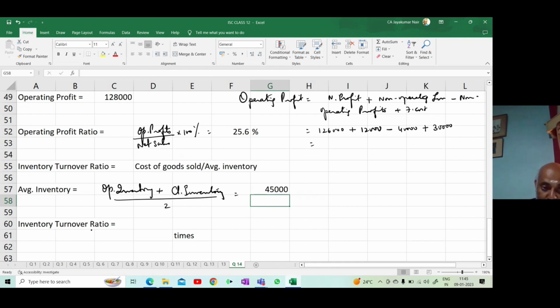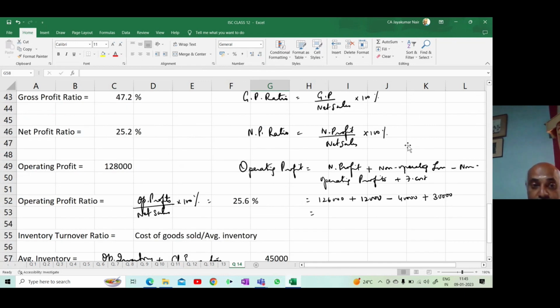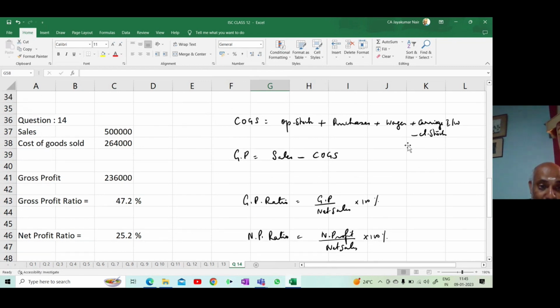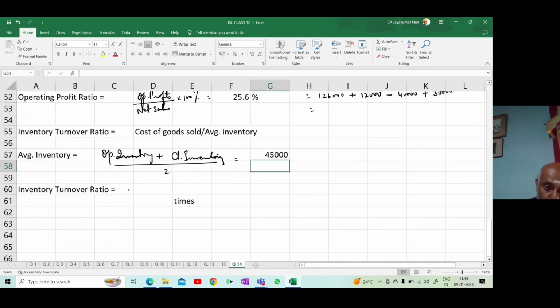So inventory turnover ratio will be cost of goods sold, which is 2,64,000, divided by average inventory, which is 45,000.